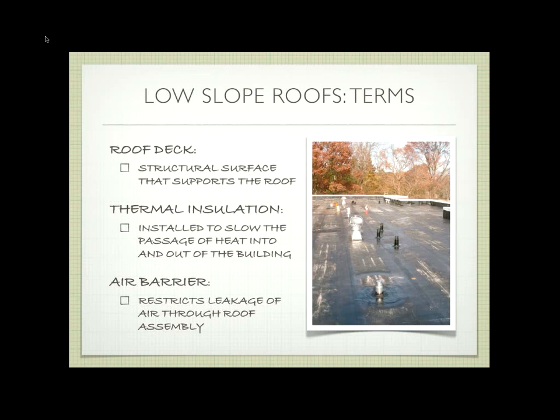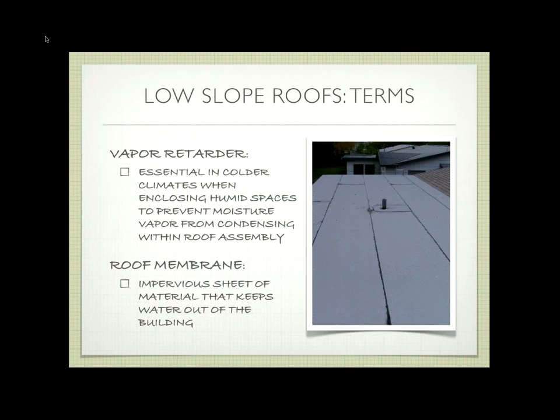And then we have some kind of an air barrier that restricts the leakage of air through the roof assembly. There's going to be a vapor retarder, which used to be called vapor barrier, but the truth is nothing is perfect, so they changed it to vapor retarder. It's going to control where the condensation would occur in a roof assembly, and we'll explain what all that means in a second.